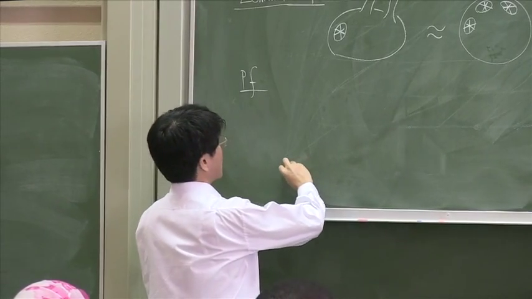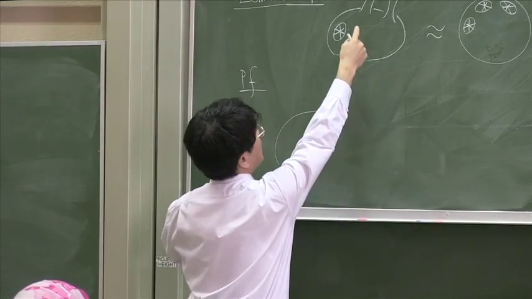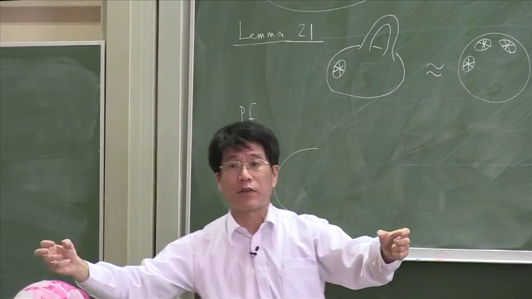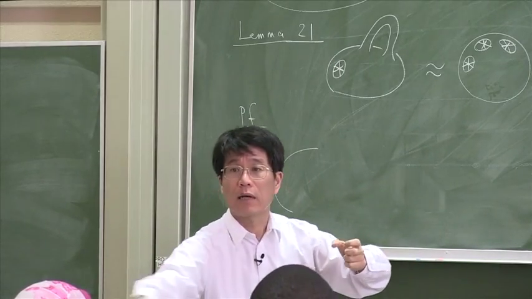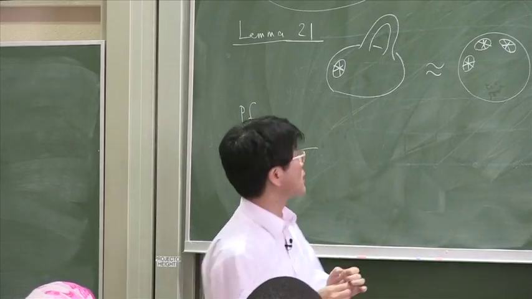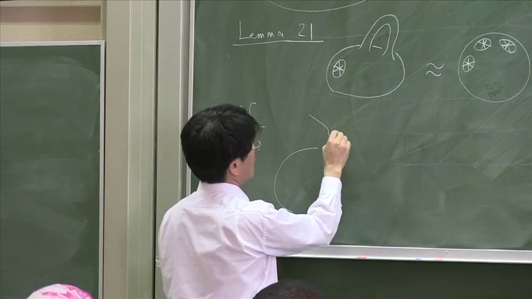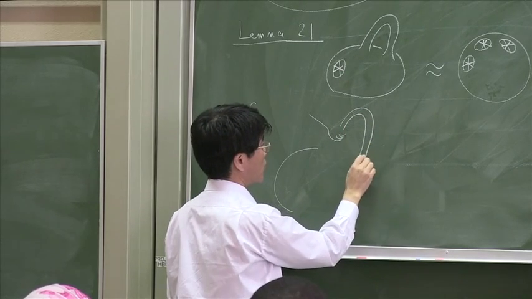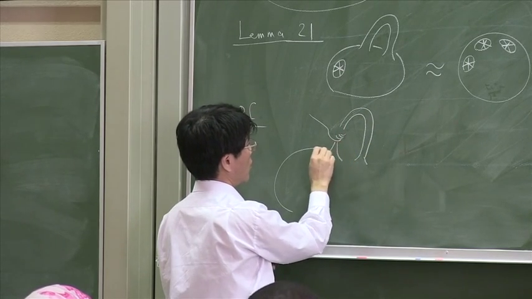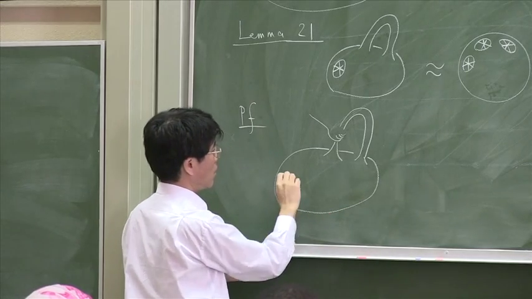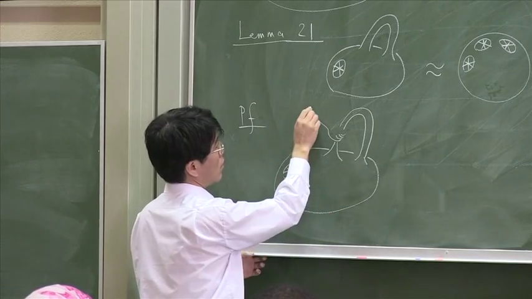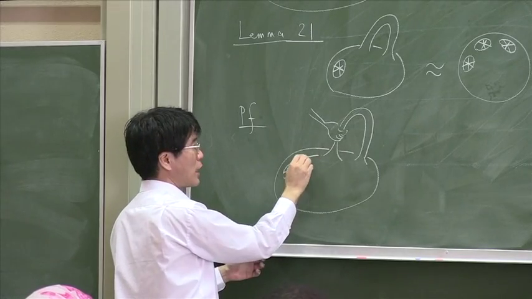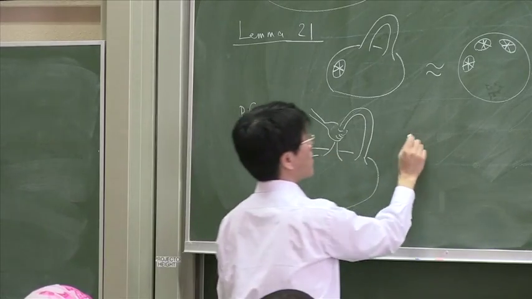The way we do it is the following. Let's imagine that this handle can be moved on the surface. We can slide it all over the surface. Here is the picture. We grab the handle, and then we try to move it.